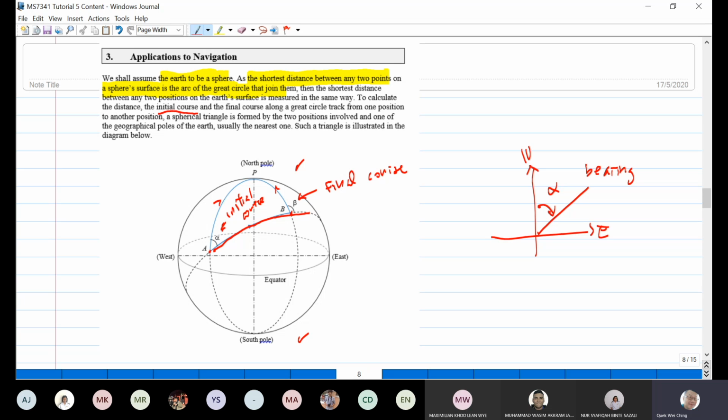And then there is also a point called the vertex. Let me show you here such a diagram. This is illustrated here.